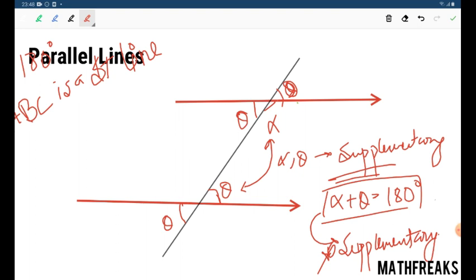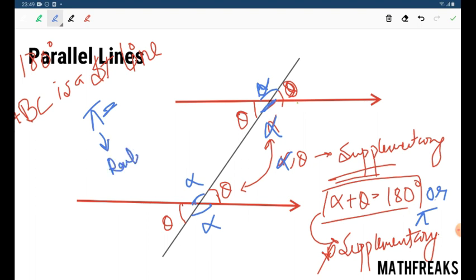Let us denote alpha with the blue color. This is also alpha. Alpha plus theta equals 180 degrees, or pi. Pi, the unit called radian, means 180 degrees.